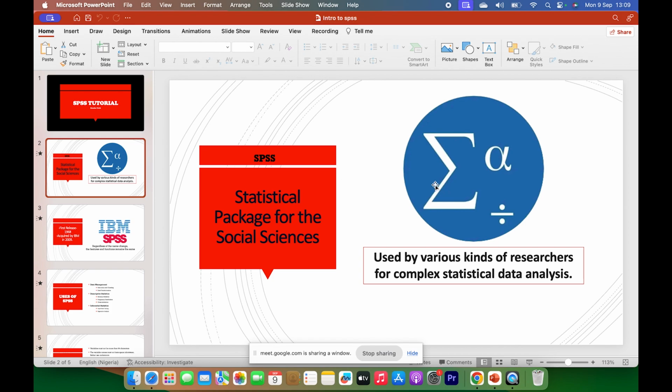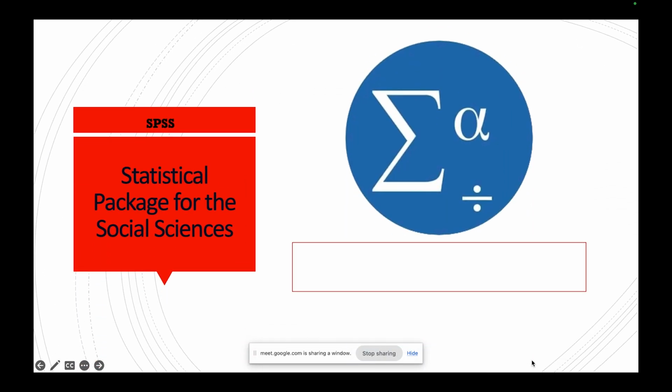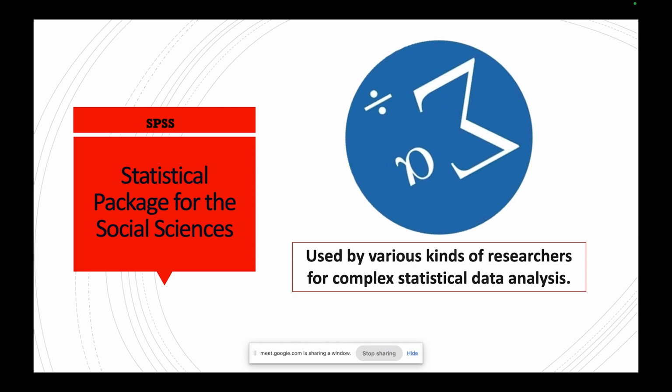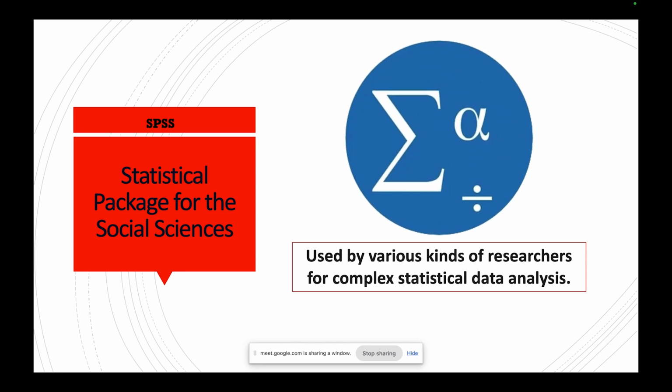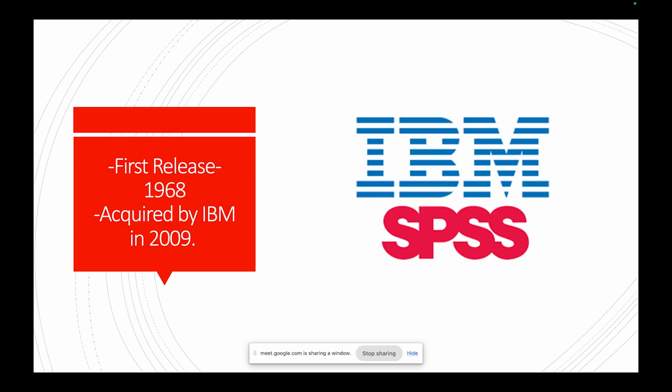The logo you see here is actually the logo that SPSS is known for. The one that is rotating now, once you see it, you know that you're talking about SPSS. Actually, SPSS was first released in 1968 by a group of 4 researchers. However, in 2009, it was acquired by IBM.